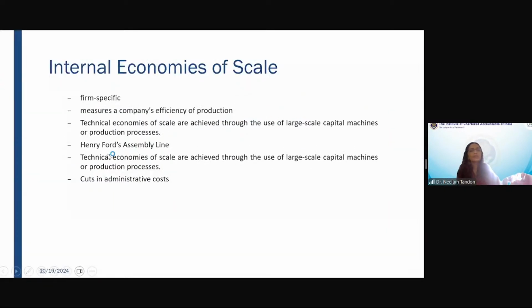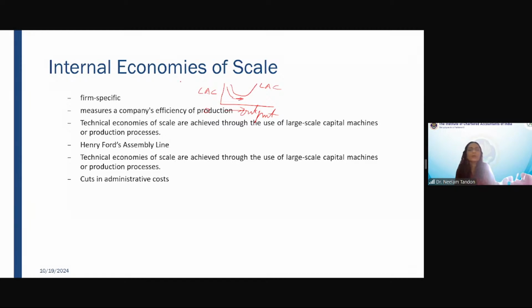So diseconomies of scale basically means what? This is our LAC. This is our output. As output is increasing, long-term average cost is decreasing, and here it is minimum.